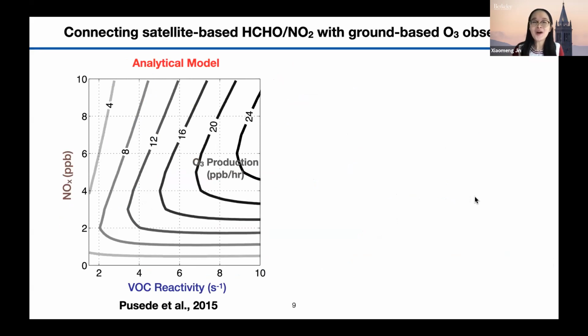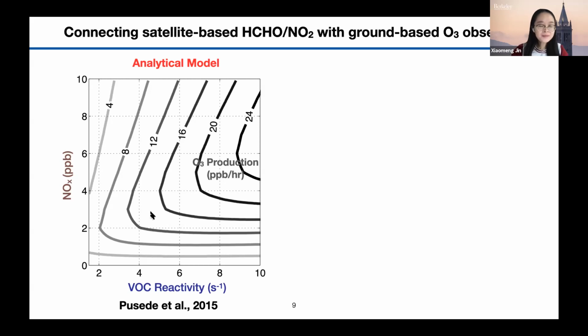To show you how we can quantitatively link the satellite-based ratio with ozone chemistry, I want to first introduce this ozone isopleth. This is a classic way to describe the nonlinear dependence of ozone production on NOx versus VOCs.